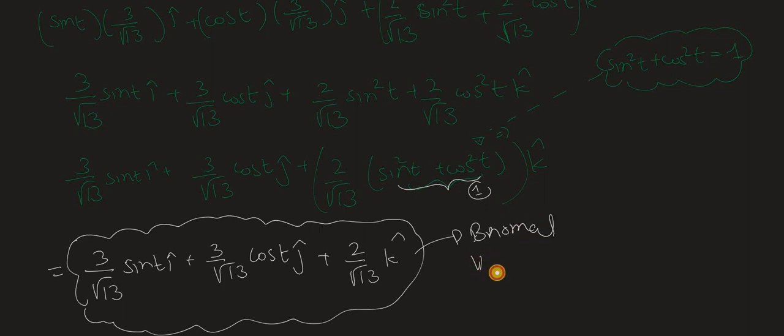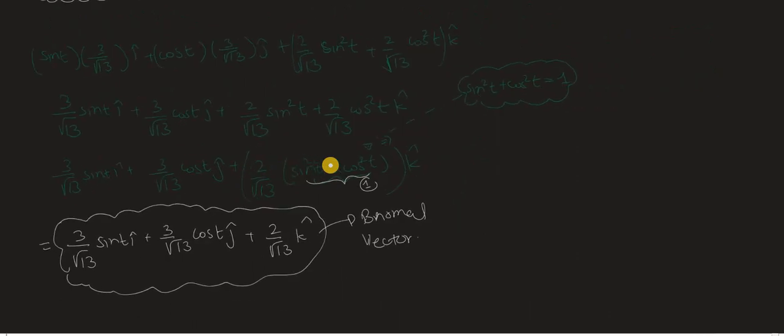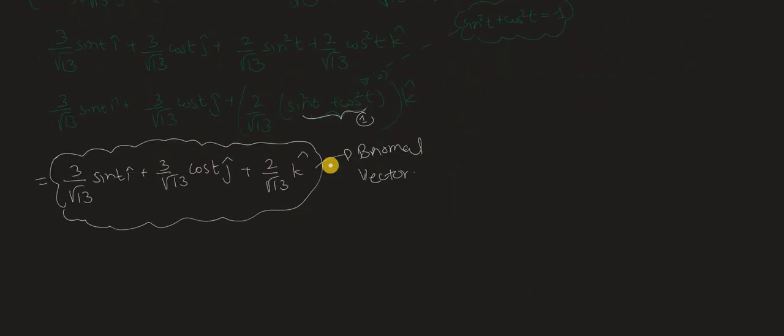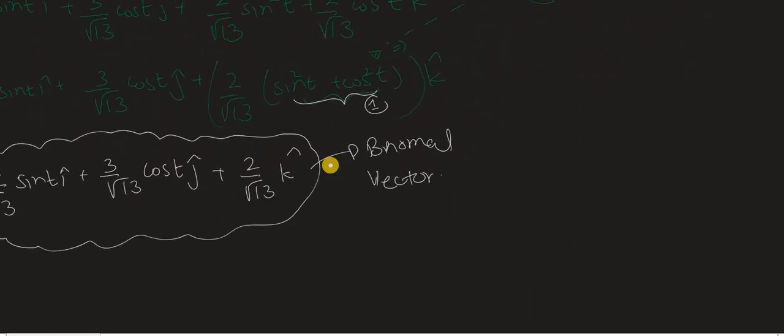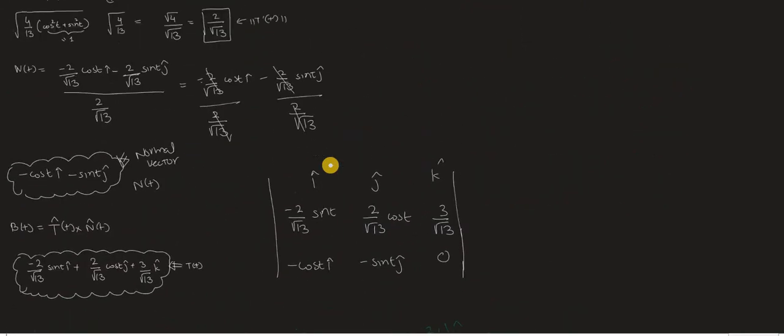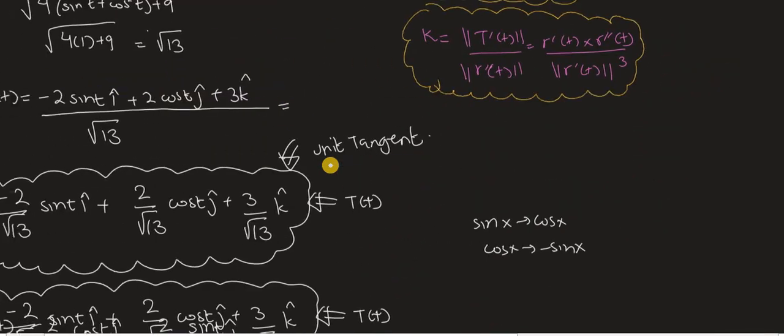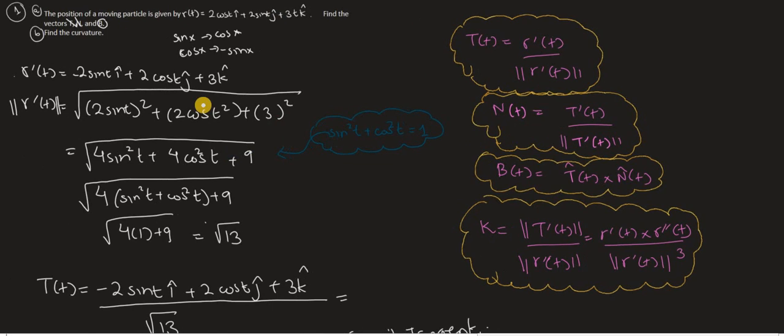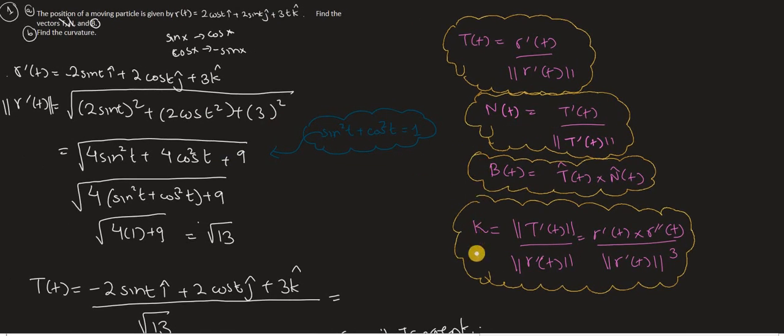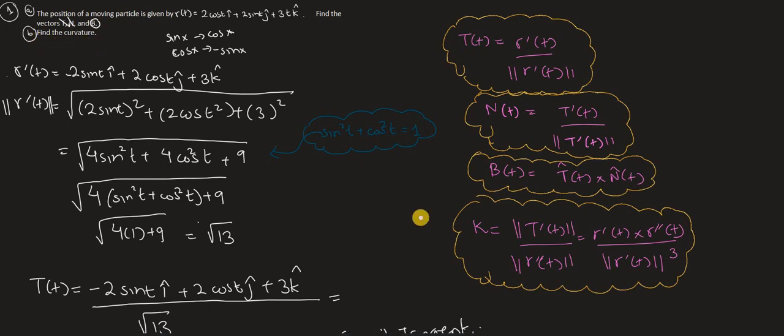But we still have one more question to do. For the binormal vector, we just calculated it. Here we have to find the curvature. So part B is to find the curvature.